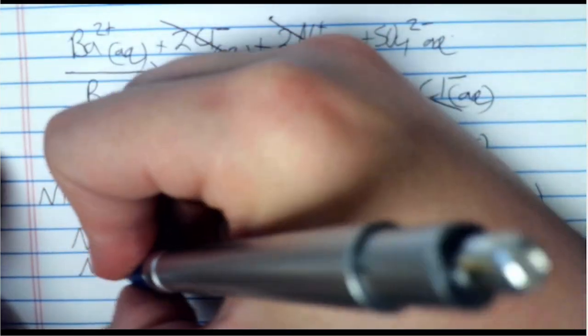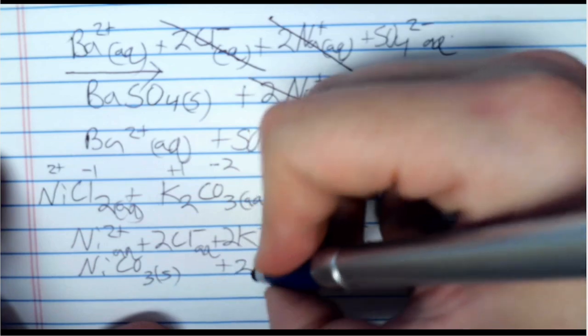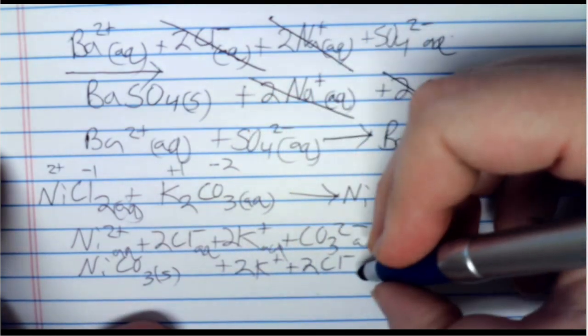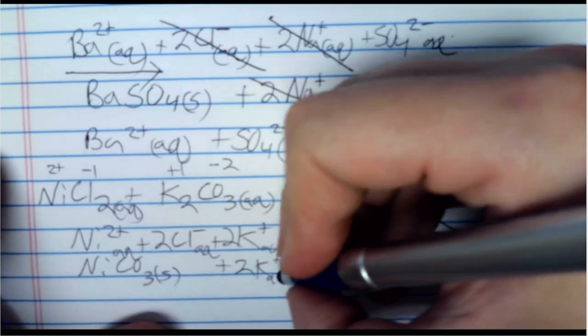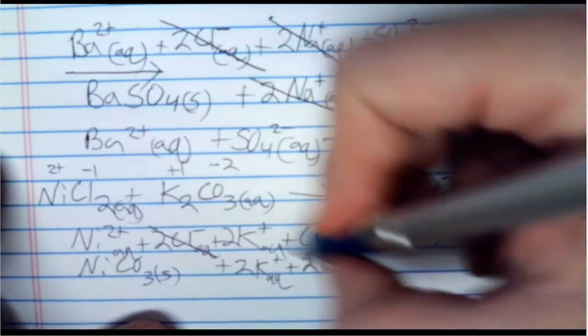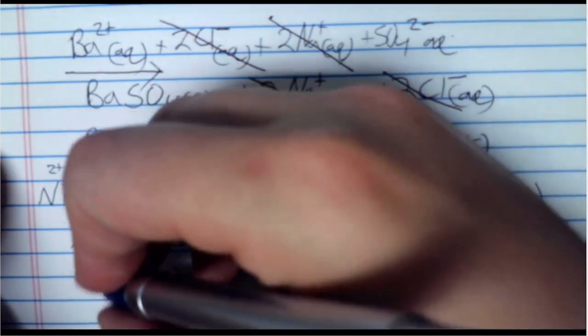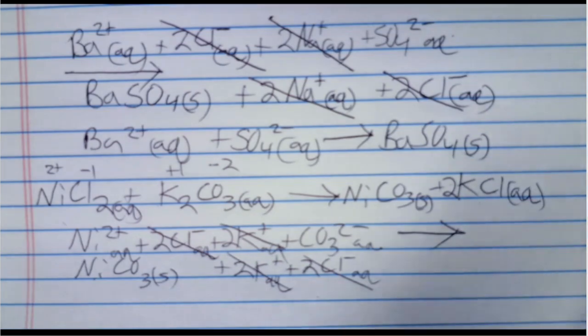Nickel carbonate solid, 2 potassium pluses, 2 Cl minuses, aqueous. Canceled, canceled. What we have is nickel 2 plus, carbonate 2 minus, goes to nickel carbonate solid. That is how we have to do that. Okay. That's where I'll leave you.